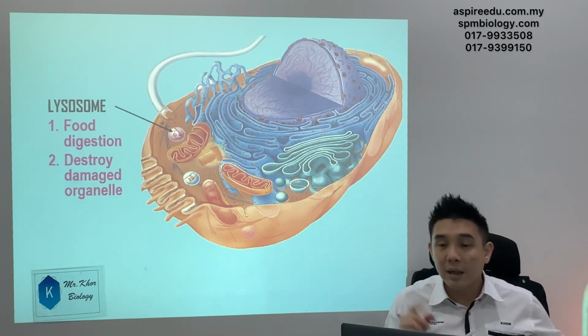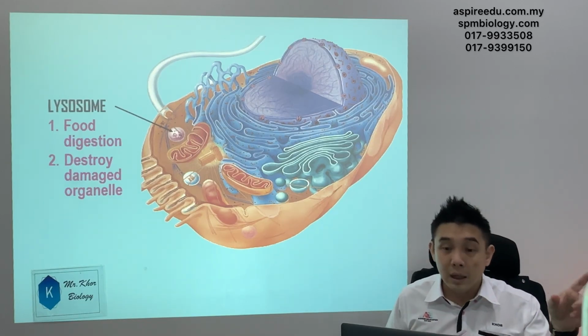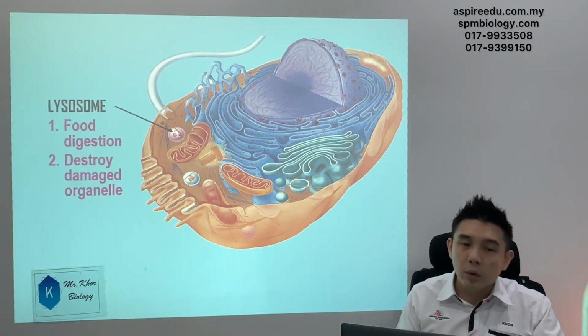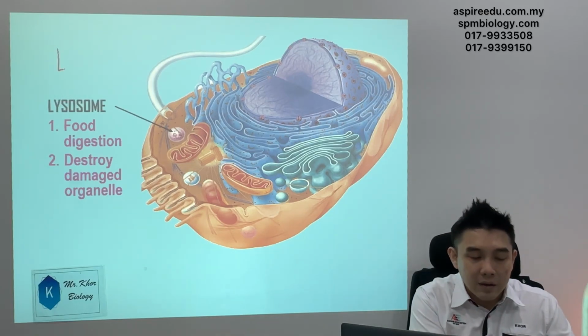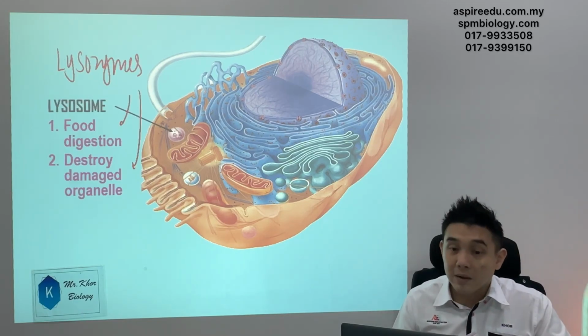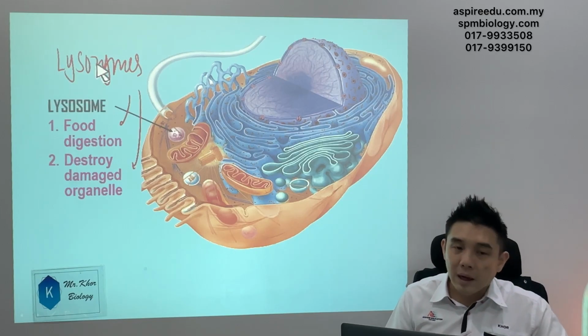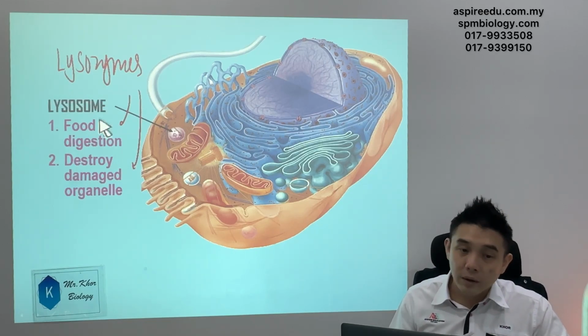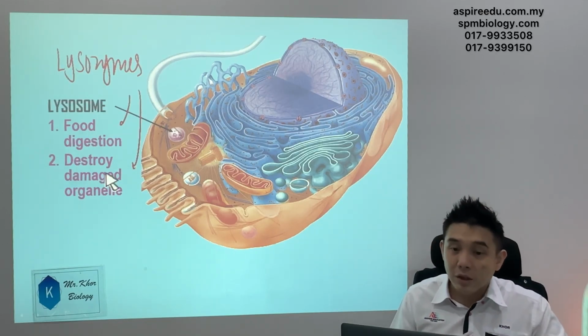Okay guys, in the lysosomes, later we'll see in my notes, they have enzymes called lysozymes for these two purposes. Lysozymes are used to digest food and also to destroy damaged organelle.